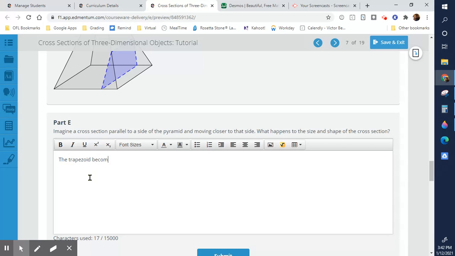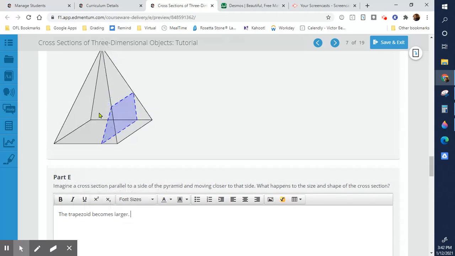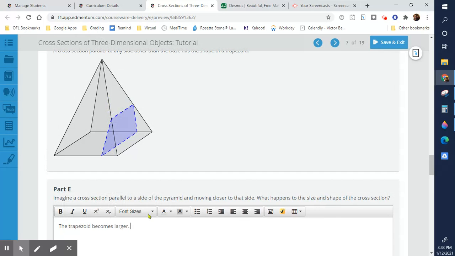And we'll notice too that the top base, because unfortunately these are called bases, I know it's at the top, but it's still called the top base, becomes smaller, and the legs, because these are known as legs right here, get longer.